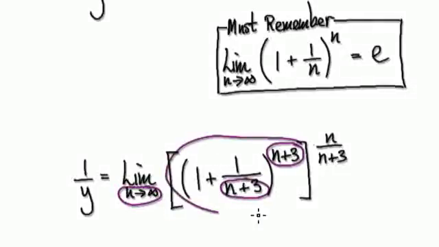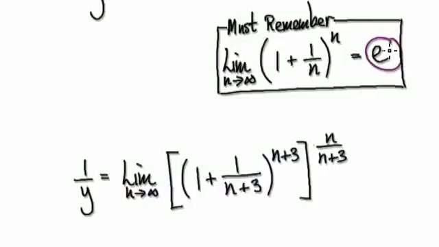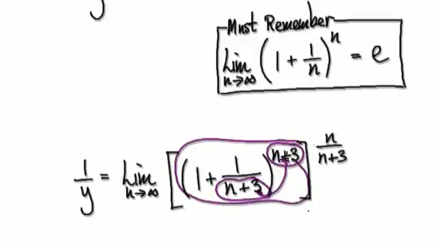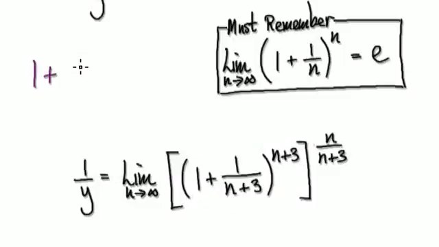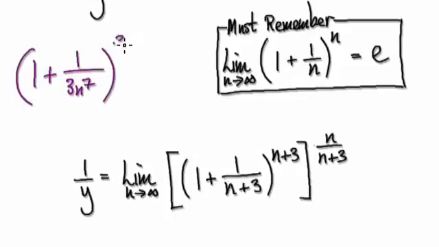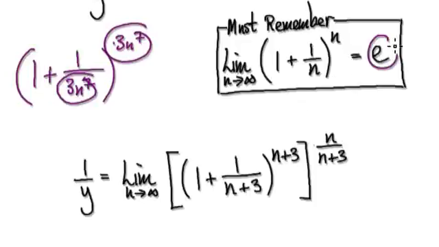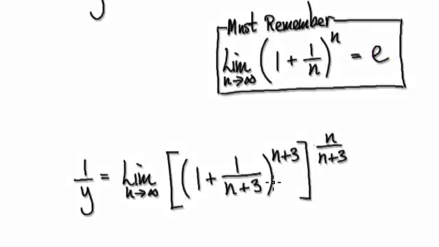So you can say this whole thing here is E. Okay, so because these two bubbles are heading towards infinity at the same rate, then you can say that even if you have something like this, 1 plus 1 over, let's say 3n to the power of 7, and then to the power of 3n to the power of 7, because you know these two things are heading towards infinity at the same rate, then you know it equals E.